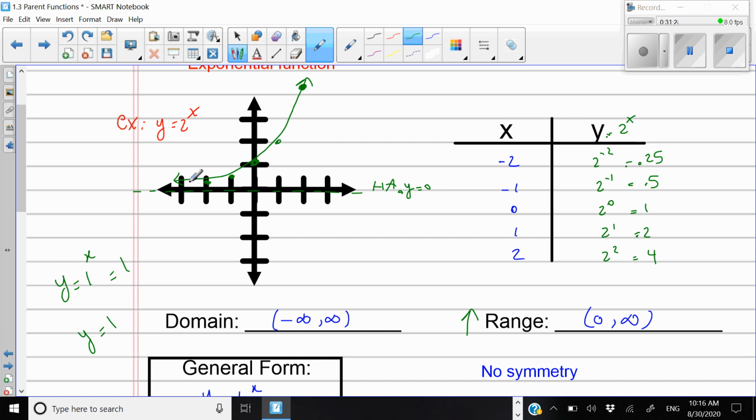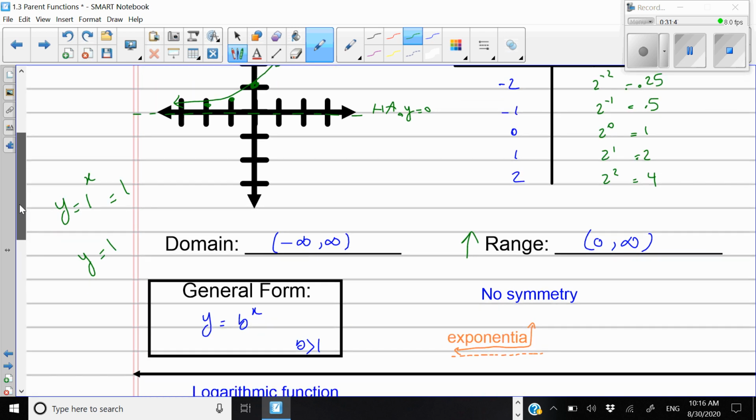The graph is going to start from a point right after 0. Because the y value of 0 is not covered, I put a parenthesis here, and then continue going to infinity. So that's the range. We don't have any symmetry here.